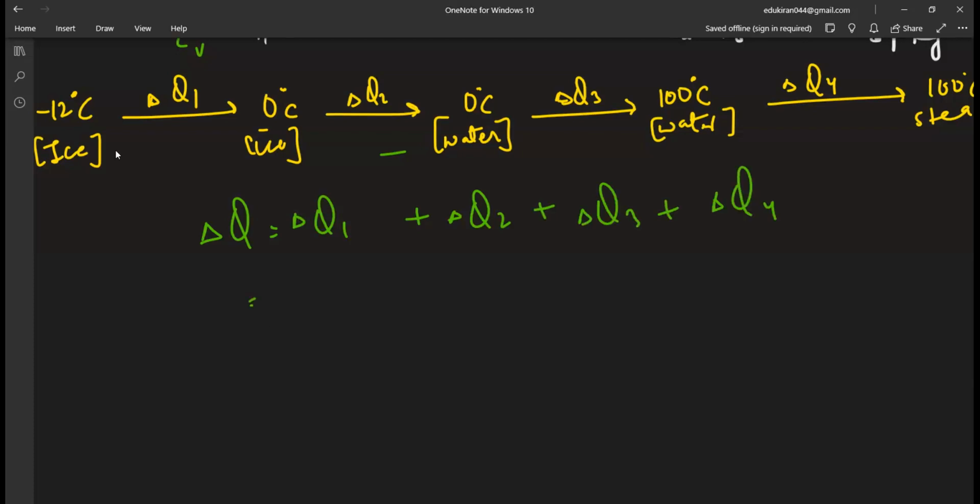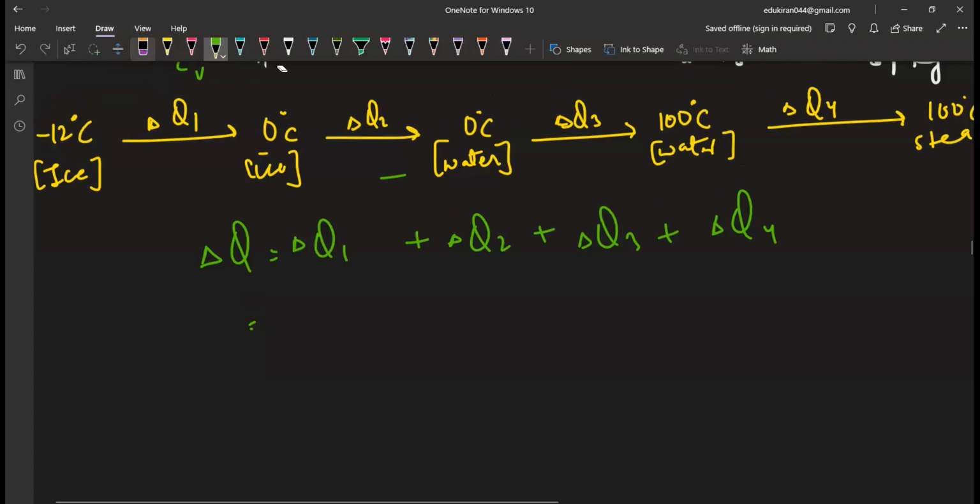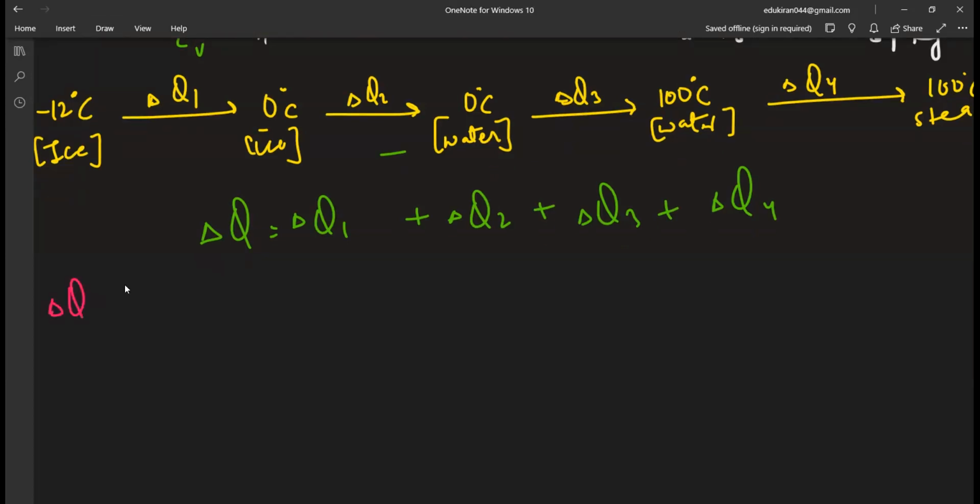In the first one, the state remains the same, temperature is changing, so it will be MC delta T. So how will we write the final answer? Delta Q will be M, mass. Let me write the mass as it is, C also as it is, and the change in temperature: 0 degree minus, this is -12.